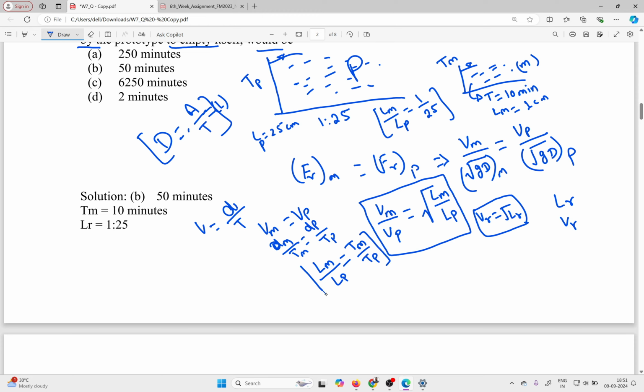So you can write these things. Now you can equate. Now these things you can write as Tr, so you can very easily write Tr is equal to root Lr.